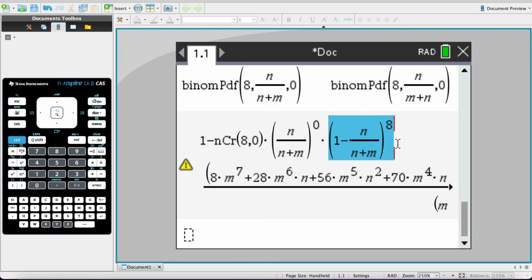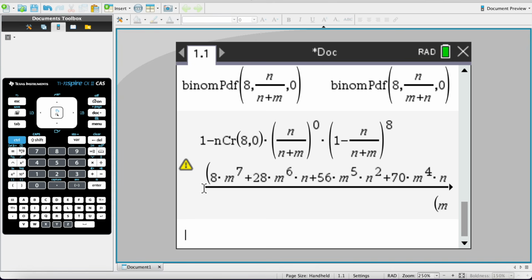So 1 minus, and then we can probably write this as 1 minus n plus m. If you put a common denominator, that's n plus m minus m. So it's just m over n plus m. So it's 1 minus, we can just check it.